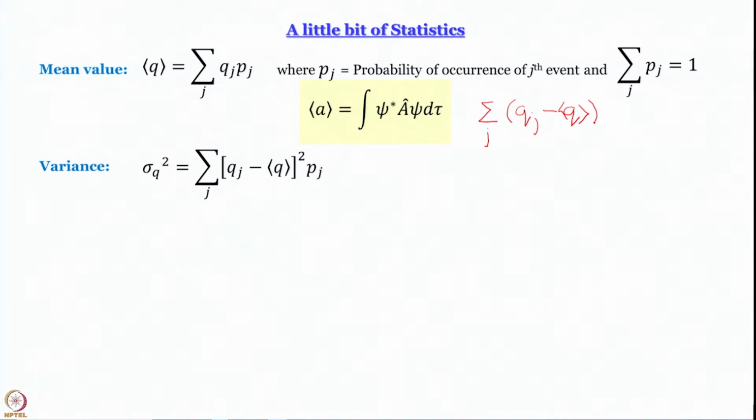Well, we can also write Pj here, because we are performing a large number of measurements, we should write probability. So, what we get is the mean value of deviation.